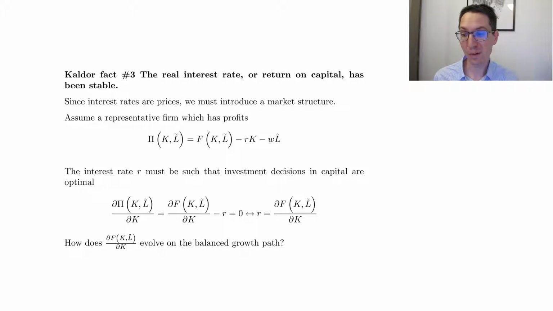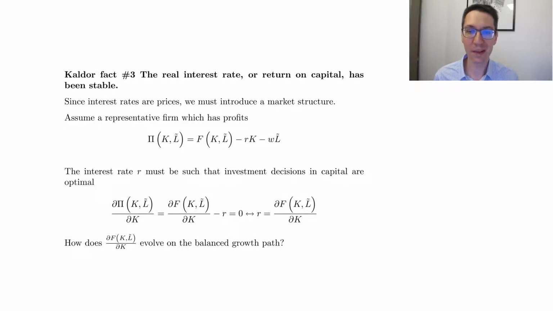So how does it evolve on the balanced growth path? Well, many things are going on, but as we've seen, first of all, the stock of capital is always increasing on the balanced growth path if there is growth of population and technology. So you could imagine that if we accumulate more, then its marginal productivity should go down.